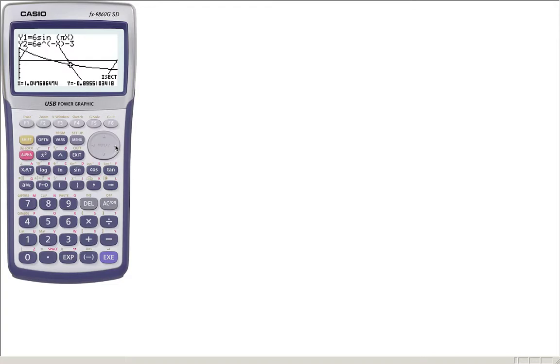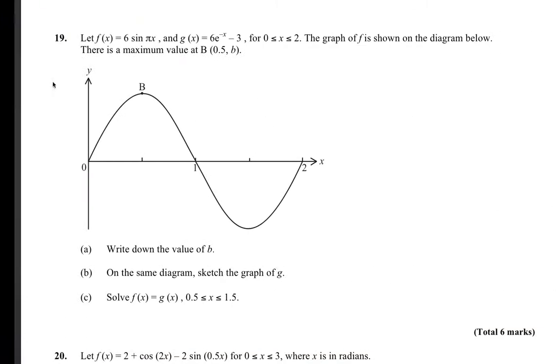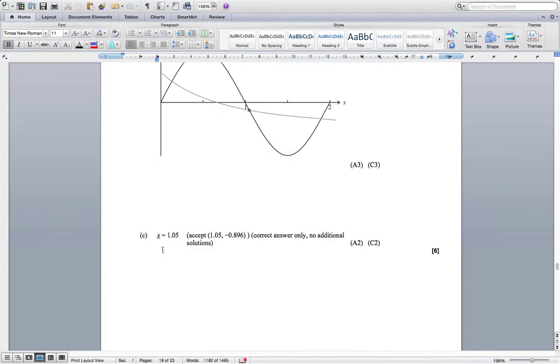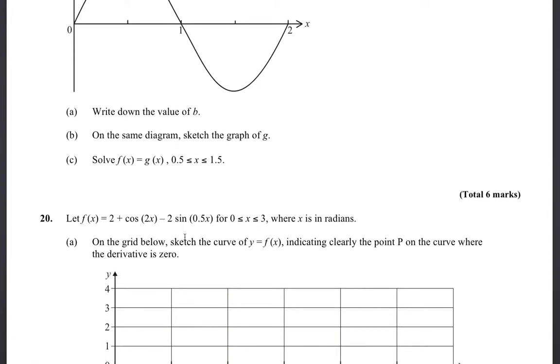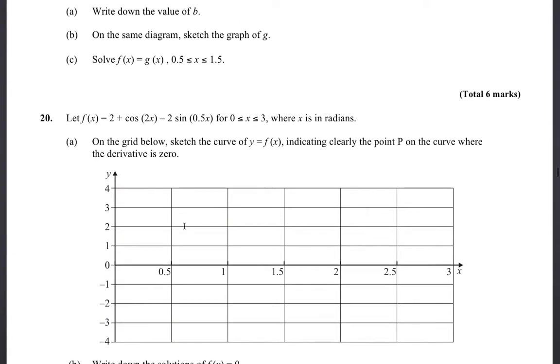Yeah, that is between 0.5 and 1.5. And the next one is 1.89, which is outside the domain. So the answer is this one, 1.05. So let me check. Yeah, x equal to 1.05. So let us solve the next problem, the 20th one.